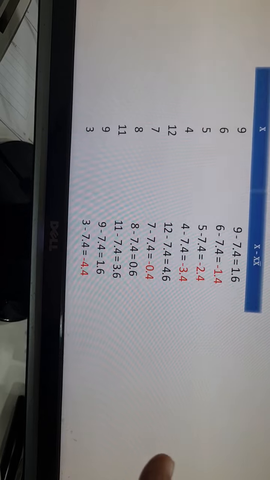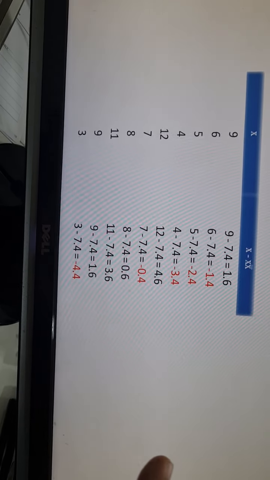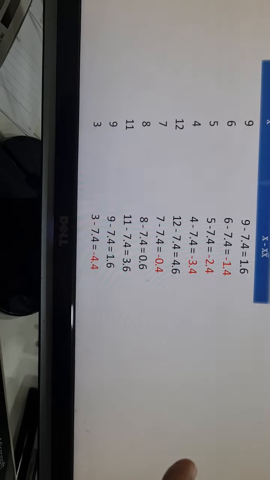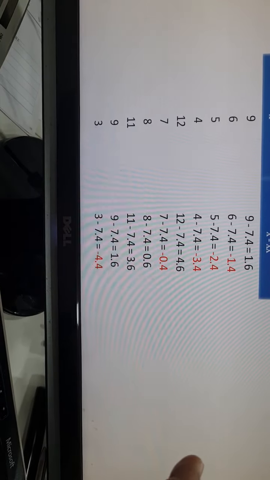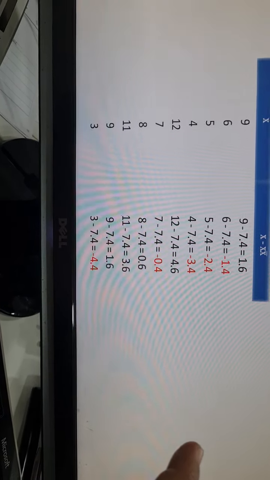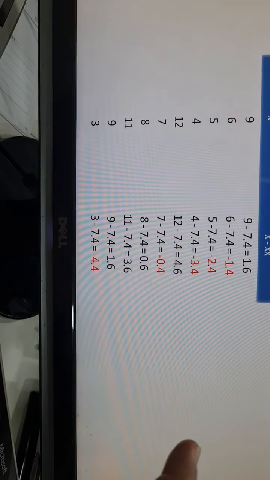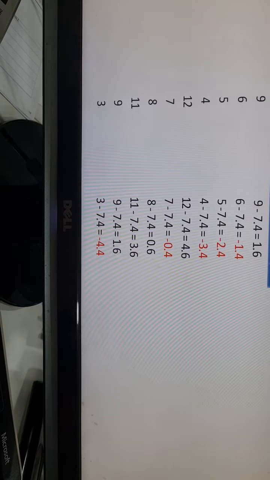And then 11 minus 7.4 equals 3.6. 9 minus 7.4 equals 1.6. And the last one is 3 minus 7.4 equals negative 4.4.